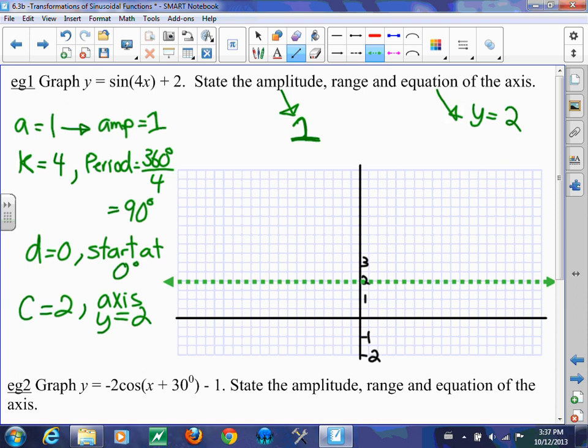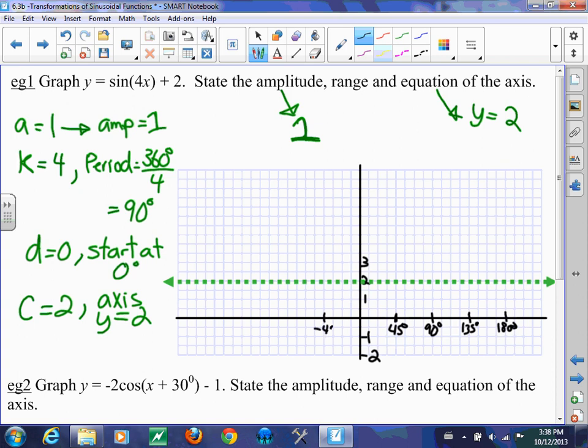All right, now we're going to set up our scale. So we know that we need to take it to be 90 degrees in order to complete one cycle. So I'm going to spread this out a little bit more because my period is a little bit shorter. How about 4 blocks and 45? Another 4, 1, 2, 3, 4, and 90. So 1, 2, 3, 4, 135. 1, 2, 3, 4, 180.